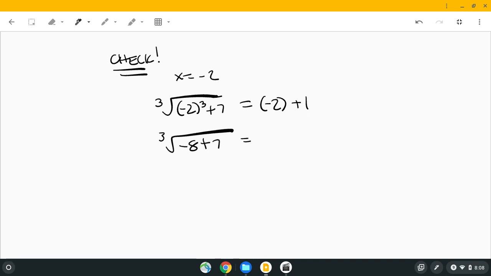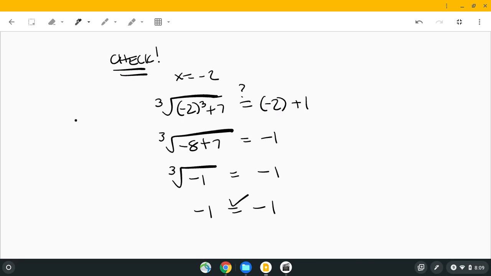On the right side, negative 2 plus 1 is negative 1. Over here, negative 8 plus 7 is negative 1. Remember, we're checking to see if both sides are the same. On the left, we get the cube root of negative 1, which is negative 1. On the right, we still have negative 1. So yes, the left does equal the right, and negative 2 is an answer.